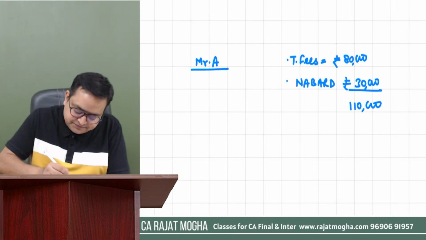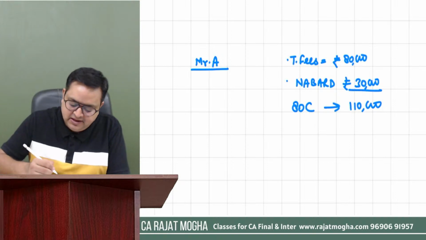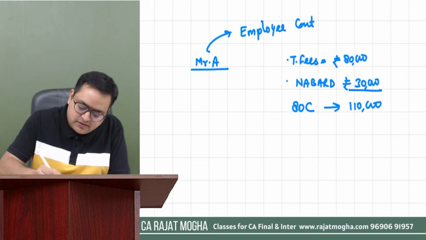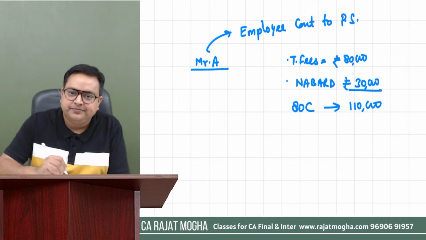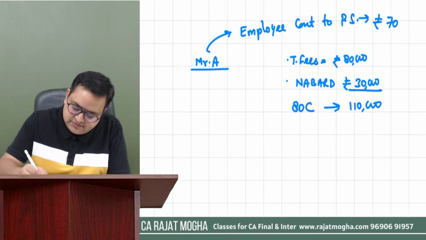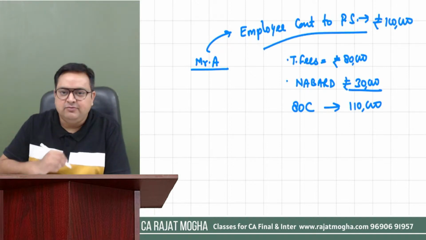So in 80C, he will claim deduction of 1,10,000. And also Mr. A has contributed, as employee contribution to pension scheme, let's say rupees 1 lakh.